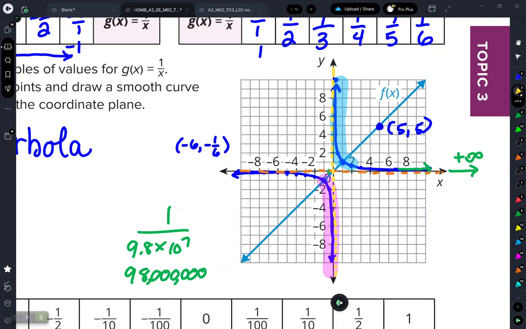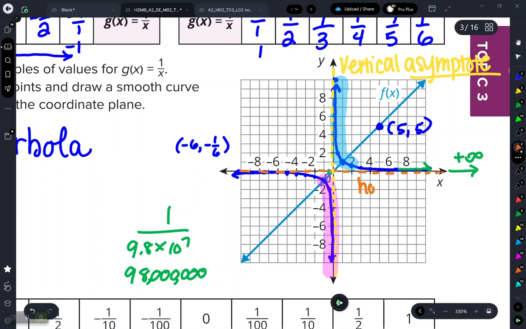Okay? These lines actually have a name. They're called asymptotes, and you're going to do a lot with asymptotes in this topic. This yellow one that I drew is called a vertical asymptote. And the way you spell asymptote is A-S-Y-M-P-T-O-T-E. And this one is a horizontal asymptote.